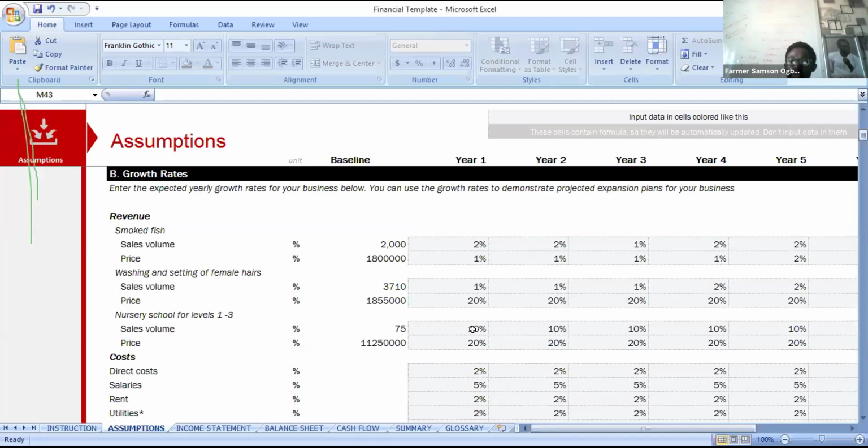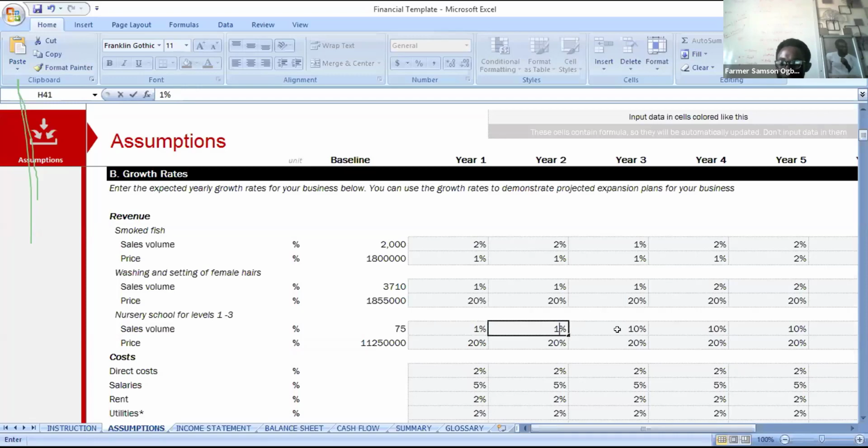So we need to know what is the percentage increase, or are you saying you are just going to keep the same volume of students, always 75? So when KG3 pass and go, the next students that must come in must be 25. What happens when there is a dropout? Does that mean you will have students on the waiting list to refill? So you use that to fill up.